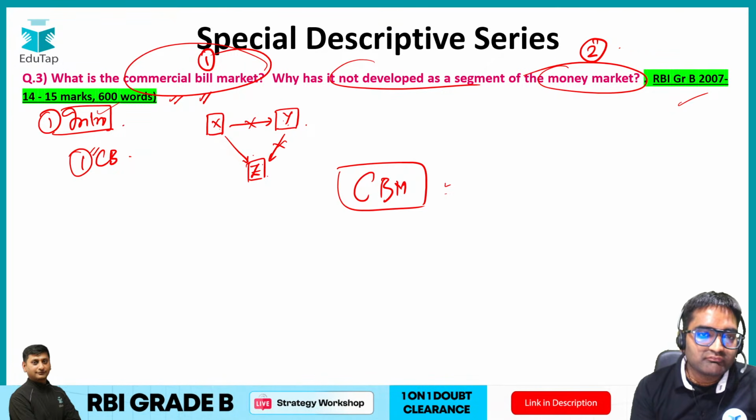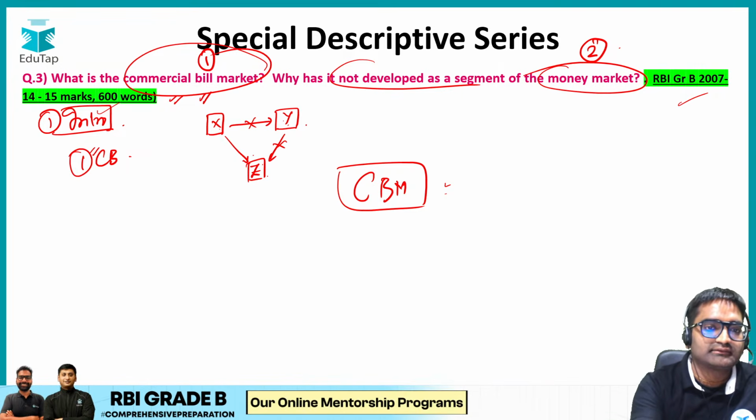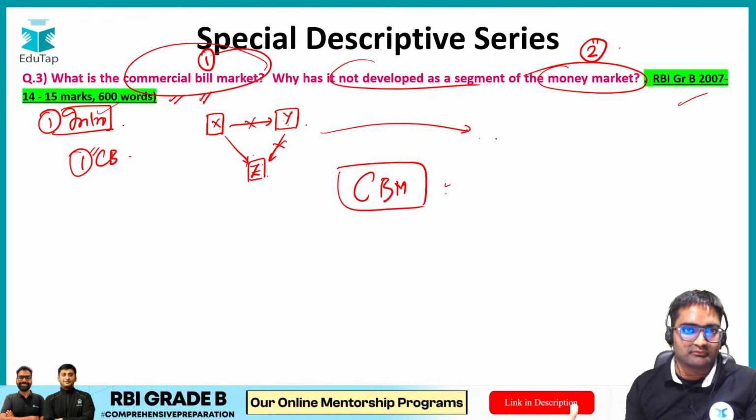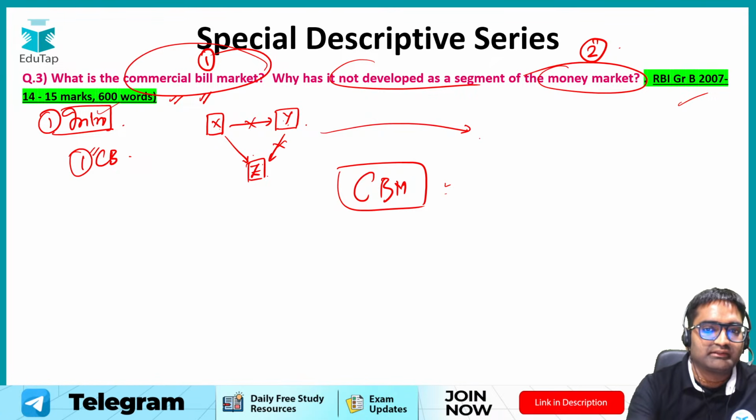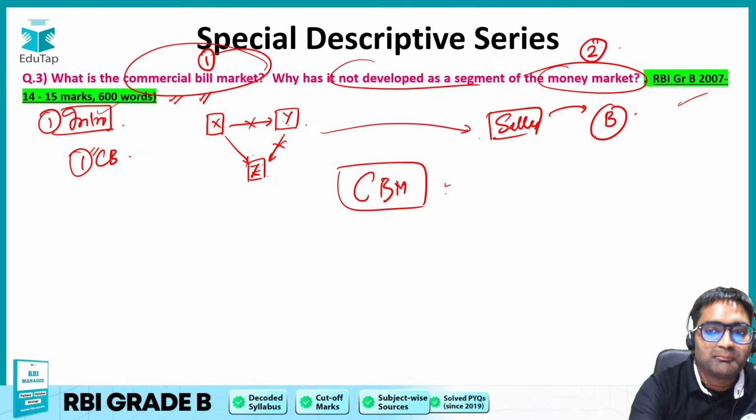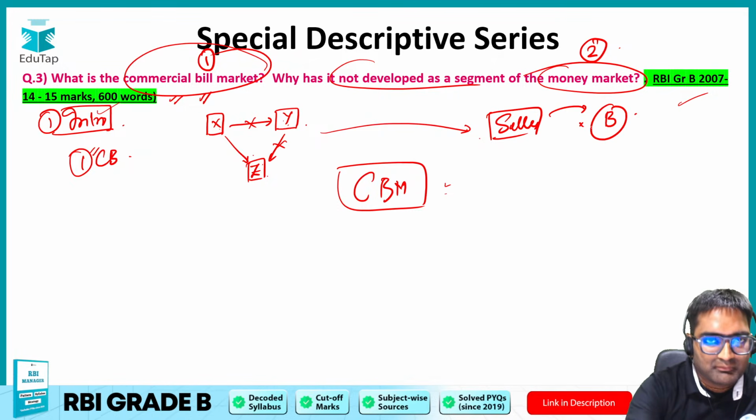Now, what happens over here is this particular thing is utilized, and it has wide applications. Okay, what can be that wide application? Let us say there is a seller and he has sold some goods to a buyer. Now the buyer is saying, I cannot pay it immediately.